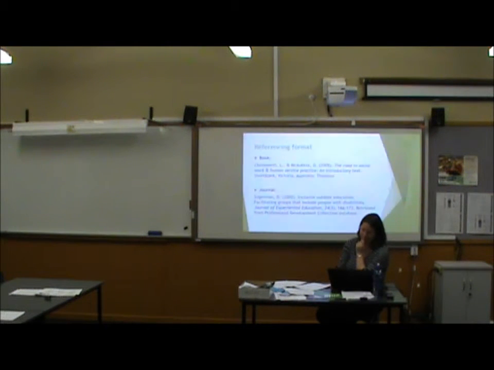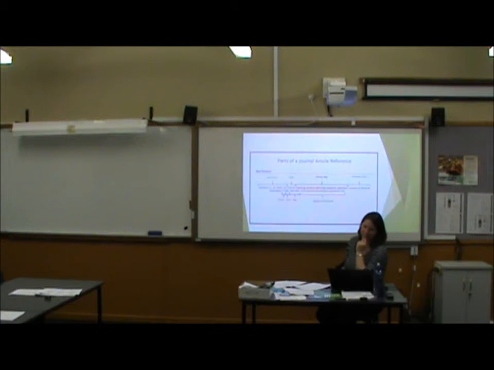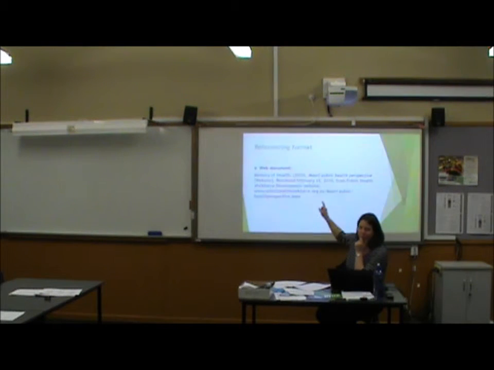Okay. But all the parts are there for a reason, the author, the date, the title, and that is essentially so that you can go and access that information. Like a web document, something that you get from online. If you're doing anything specific to New Zealand, you might be looking at articles from Ministry of Business, Innovation and Employment or Statistics New Zealand or WorkSafe, so you might want to be using sources there.